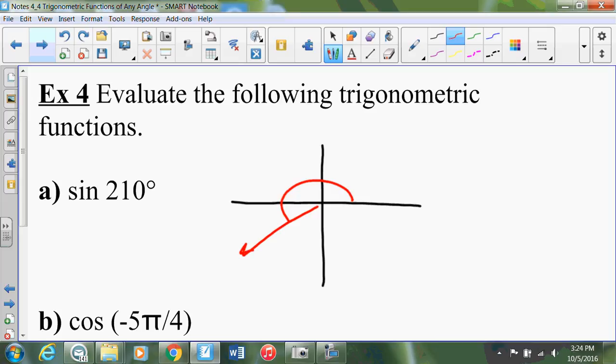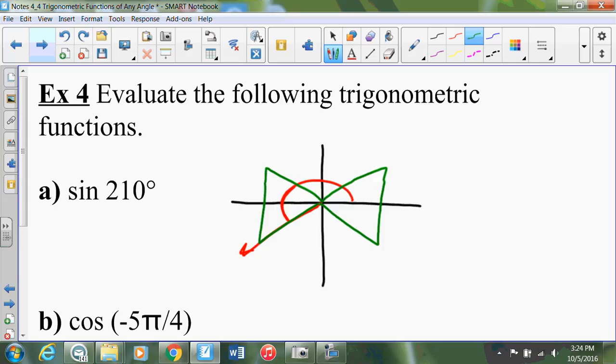So when you think about it, 30 degrees is the reference angle. If you were going to look at this and think about the bow tie that this belonged to, it would belong to all angles that are 30 degrees away from the x-axis.